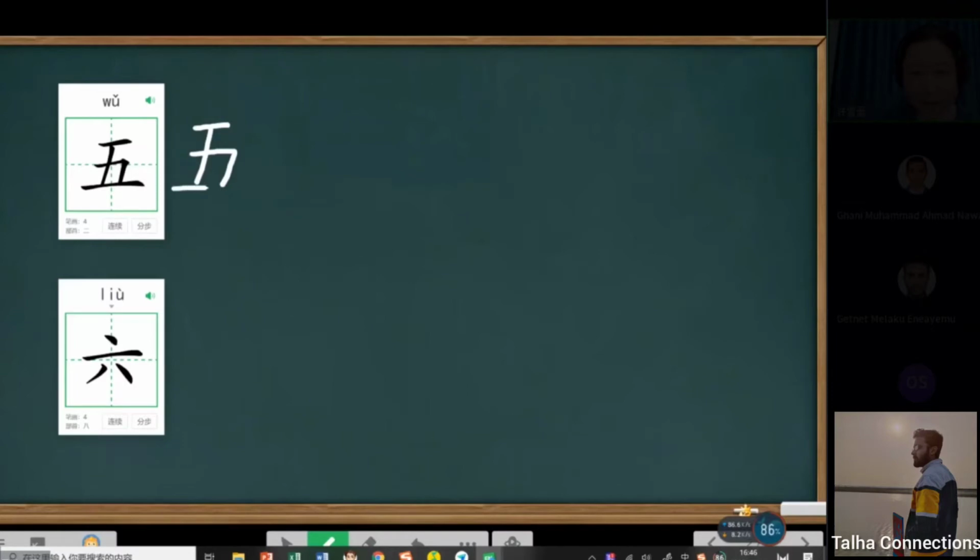And finally, that's a horizontal stroke. Now, the order of strokes should be like this. I'll write it stroke by stroke to tell you the order.